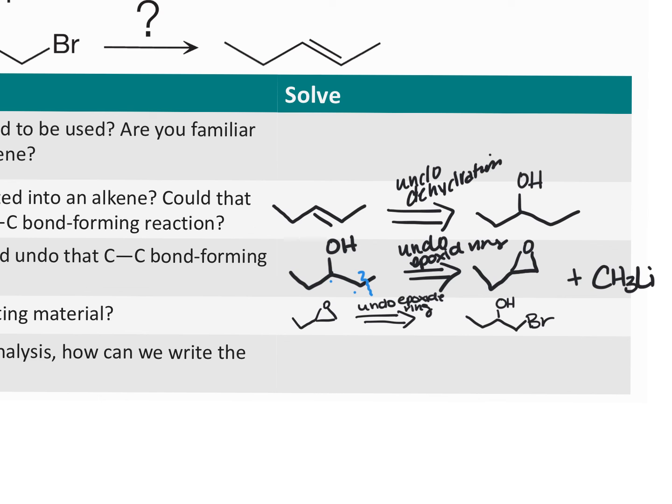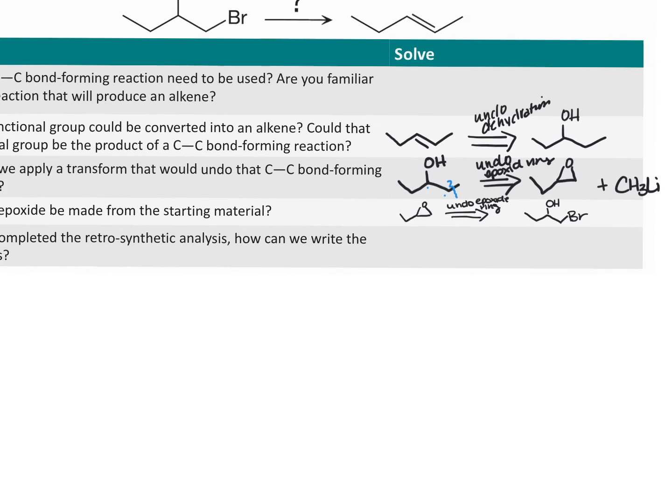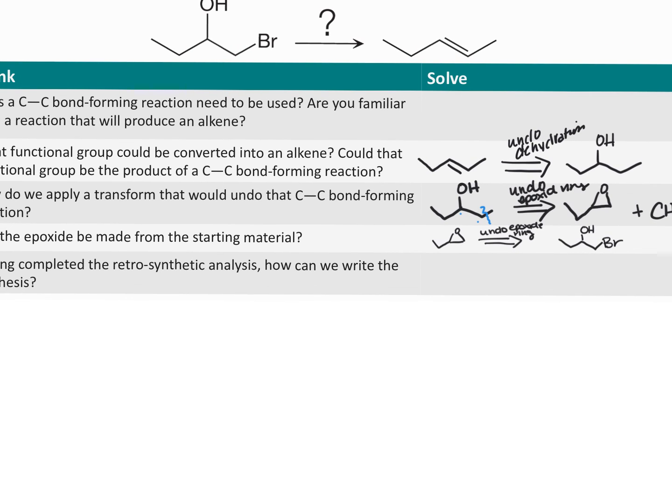And so now we can write this reaction in the forward direction using the reagents that we didn't necessarily list. So I'm starting with this molecule, and I am going to take it to this molecule. And I know to do that reaction, I need a strong base, so that's NaOH.